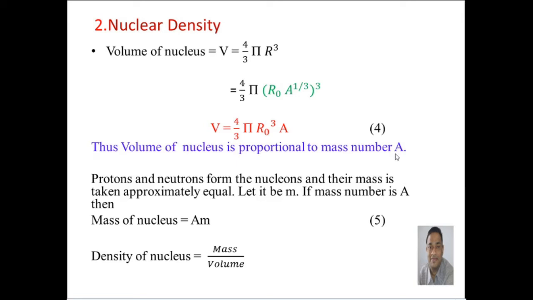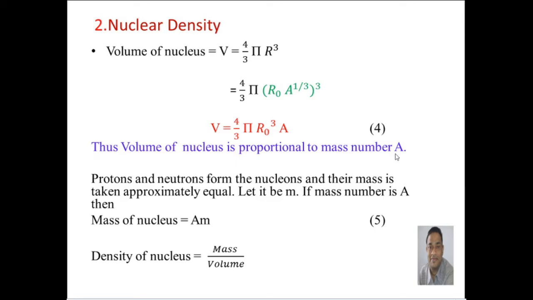If we consider that the protons and the neutrons have the same mass, equal to small m, then the volume of a nucleus can also be given as V = 4/3 π r0³ × A.